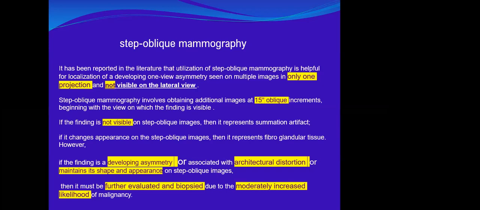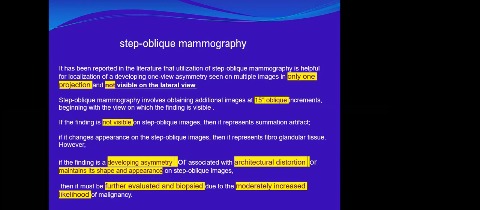From the mediolateral oblique, go to the side of the lesion and do a step of 15 degrees and proceed like that. It might help you to visualize. We call it step oblique mammography.